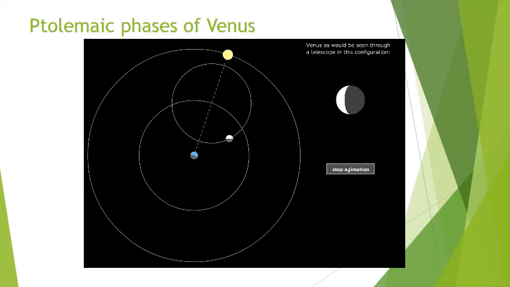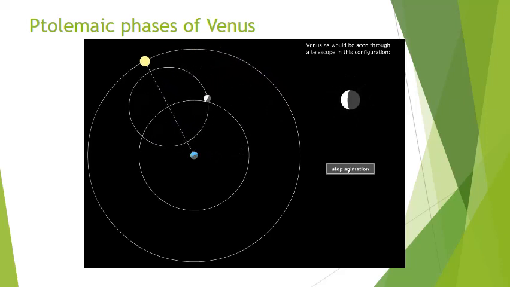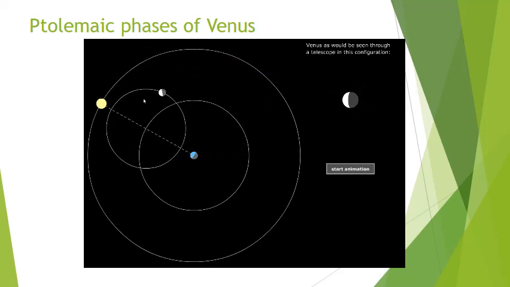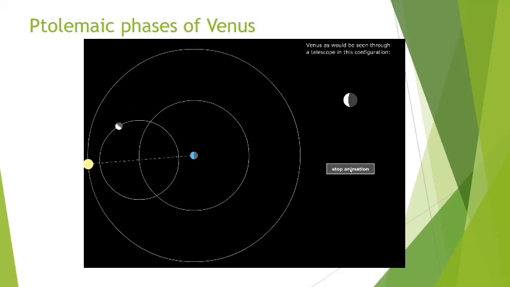The problem is when it comes to phases, because notice what you're seeing in that telescope view is that no matter where you're at, even here, when Venus is essentially halfway between the Earth and Sun, and it's on one side of its epicycle, at maximum, it's not quite halfway lit. It's in a crescent phase, right?